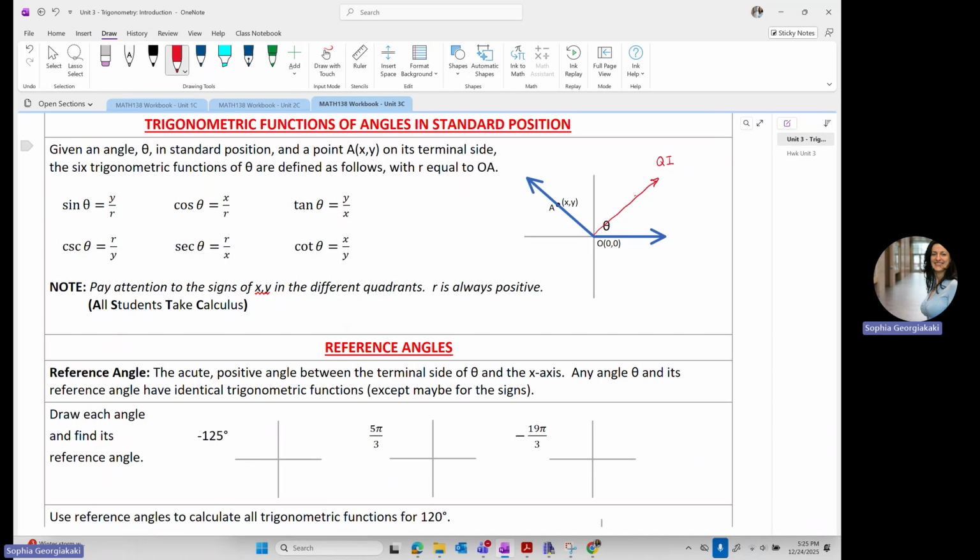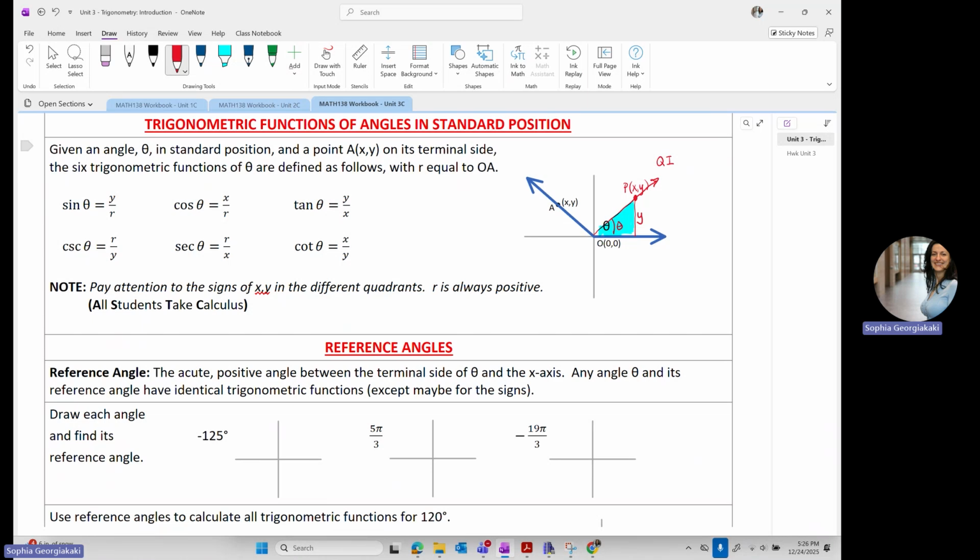If we select a point on the terminal side of that angle in quadrant 1, and we assume that it has coordinates x, comma, y, then if I draw the length y starting at P and going towards the x-axis, then I see that I have created a right triangle with the acute angle theta at the origin.